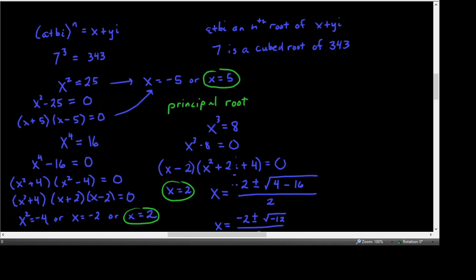if I had graphed in the complex plane, so this is the real axis, and this is the imaginary axis. Both of my results for x squared equals 25.